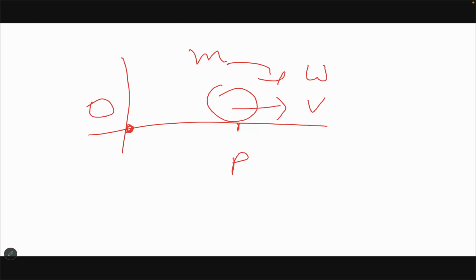You may say that I'll use IP into omega, but I have to protest. How can you use IP into omega? We can use IP into omega if and only if the body is rotating about an axis, which is what we have proved as of yet. That is, the body is rotating about an axis, correct?